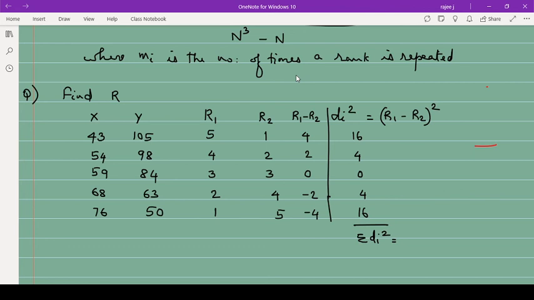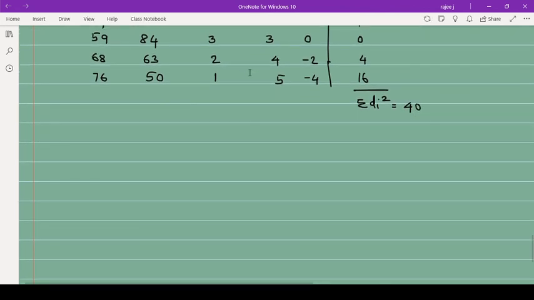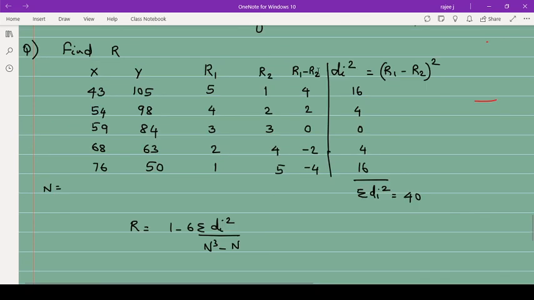So 16 plus 4 is 20, 20 plus 20 is 40. Therefore R is equal to 1 minus 6 into sigma di square by n cube minus n. So here n is equal to how much? How many observations are there? 1, 2, 3, 4, 5. So 5 will be here.